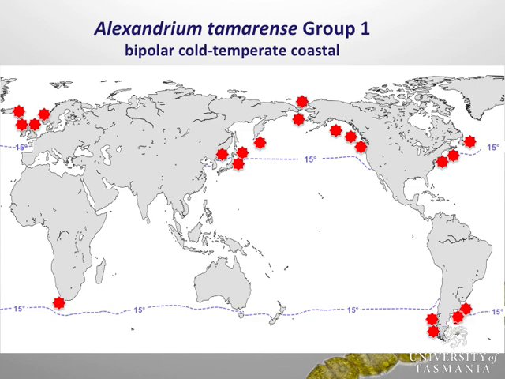So let's have a look at Alexandrium tamarense group 1. When I first got the sequences back, the first thing I did was try and plot a map, to see if there was any obvious pattern. And this is the distribution of Alexandrium tamarense if we only look at that group 1. So we go through all the records and get rid of all the ones that we think don't belong to that group, so all the other 4 different types where there's reports.